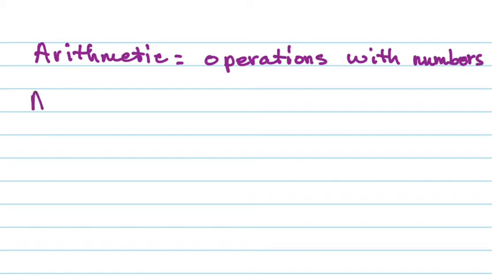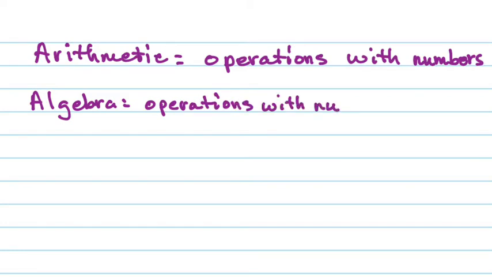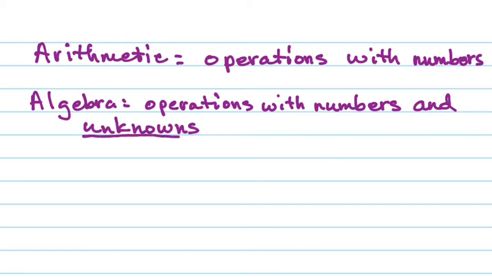With algebra, it's still operations with numbers, but it's operations with numbers and unknowns. And that is the main difference. But what it allows you to do is, it allows you to do a lot more math, even though you don't know all the pieces that you need, okay?